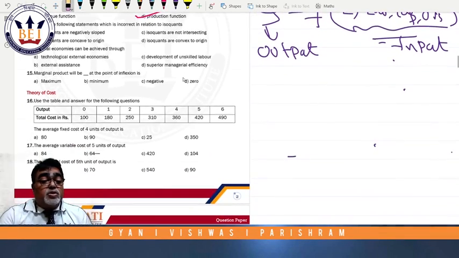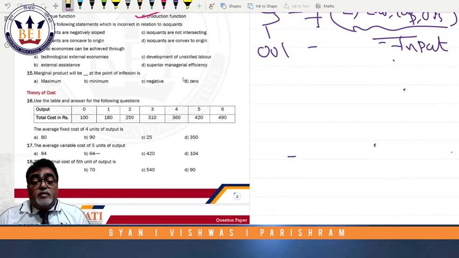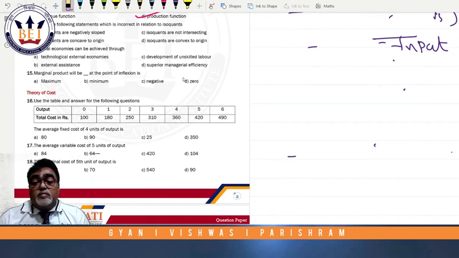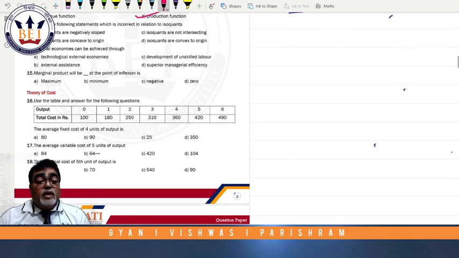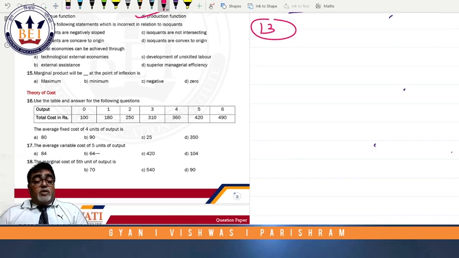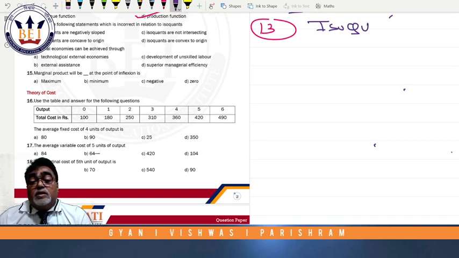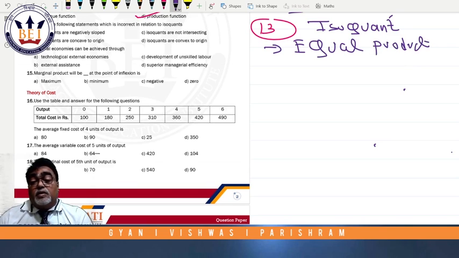Now we should switch to question number 13. Question number 13, what do they ask? Among the following statements, which is incorrect in relation to isoquant. So students should know isoquant. What is an isoquant? Another terminology is equal product curve.